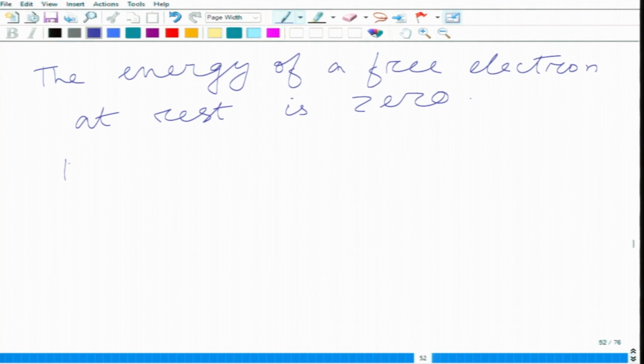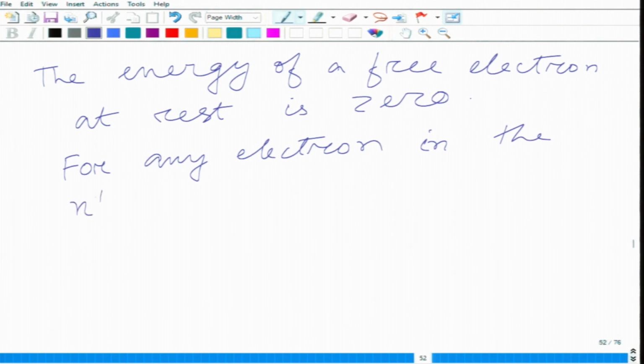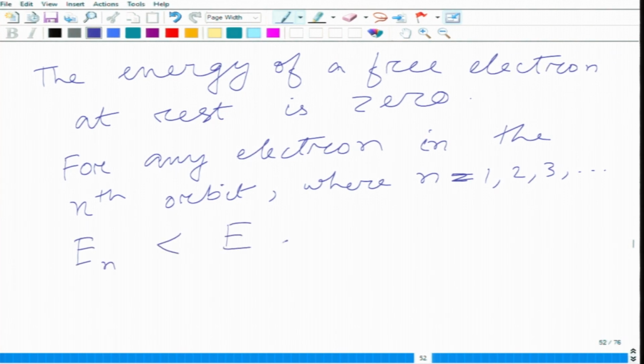So, for any electron in the nth orbit where n equal to 1, 2, 3 or any number, En will be always less than E infinity, right?